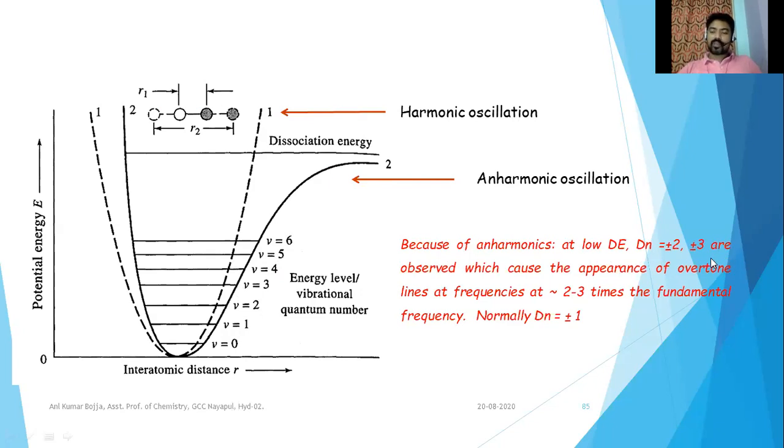This kind of vibration will be observed, which causes the appearance of overtone lines at frequencies 2 to 3 times the fundamental frequency. In general, the vibrations take place between vibrational levels plus or minus 1. For suppose this is the V0 level, the ground state vibrational level. This is the first excited state vibrational level, and this one is the second excited state vibrational level.